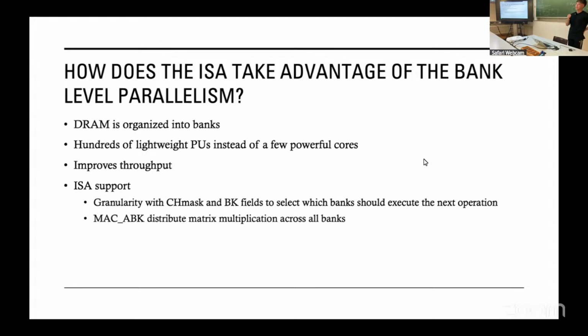The main idea is that the DRAM is organized into banks, as we saw in a PIM channel, and we have hundreds of lightweight PUs instead of a few main cores. It should improve the throughput. And through the ISA, we have a really granular architecture where we can access each bank, and so we have better parallelization.